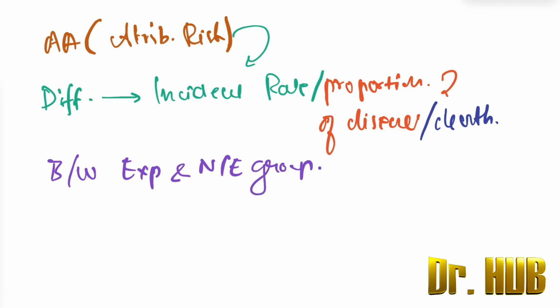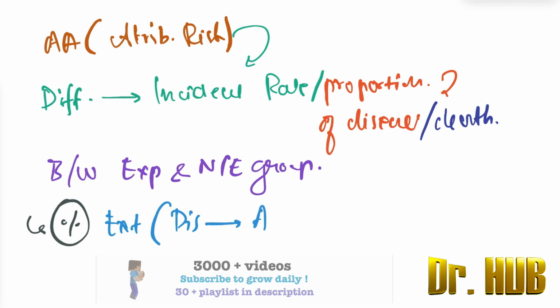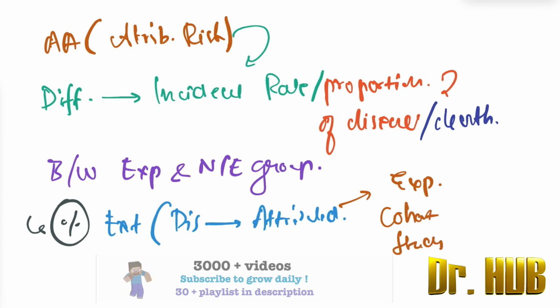It is expressed in terms of percentage, and it gives the extent to which the disease can be attributed to the exposure in terms of the cohort study.